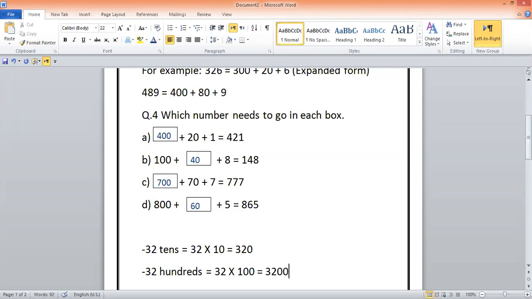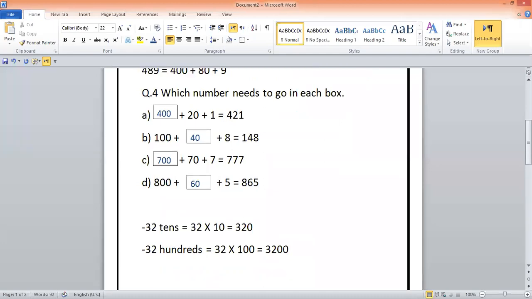Same, if you want to find out 32 ones, you need to multiply 32 by only 1, and 32 by 1 will give you 32.